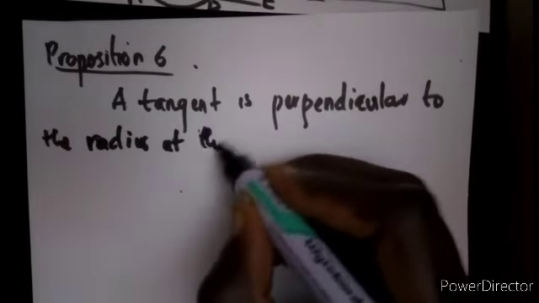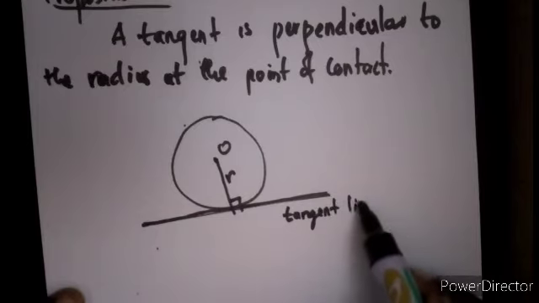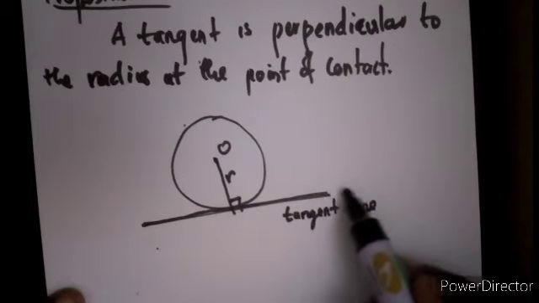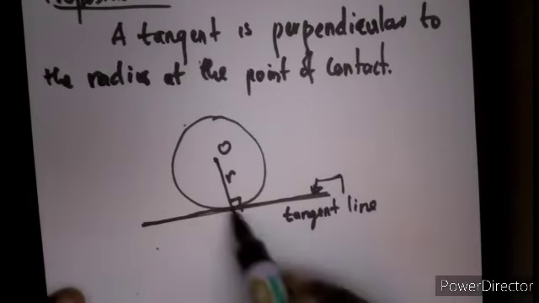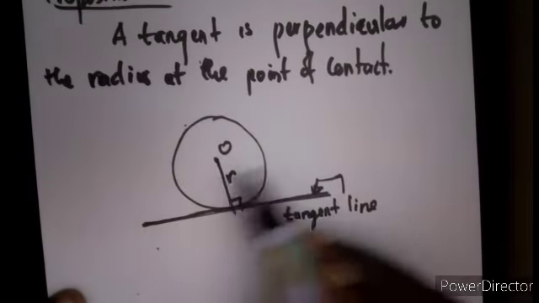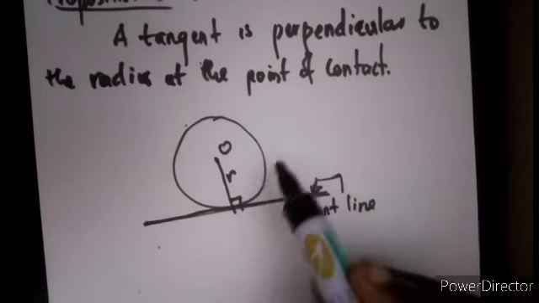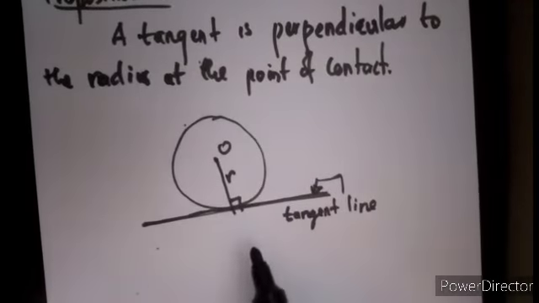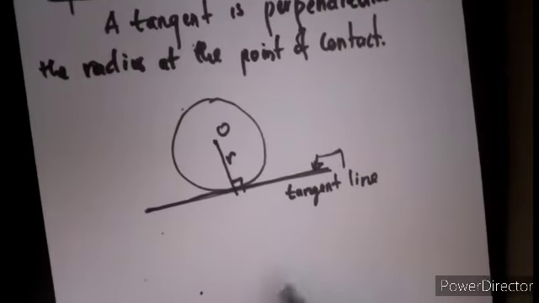This is the line we call the tangent line. So the angle it makes with the radius is always 90 degrees, always. That's what proposition 6 makes us understand.